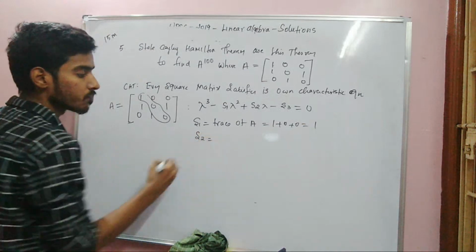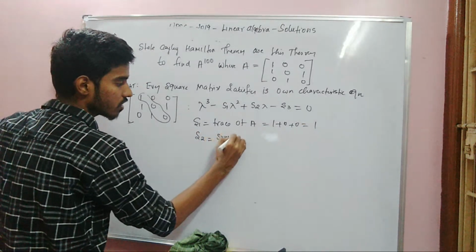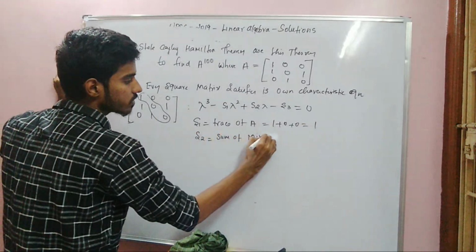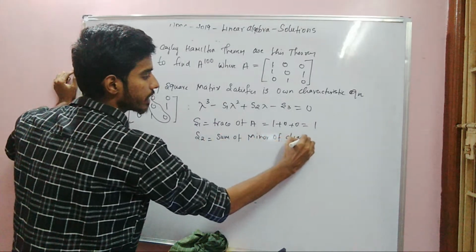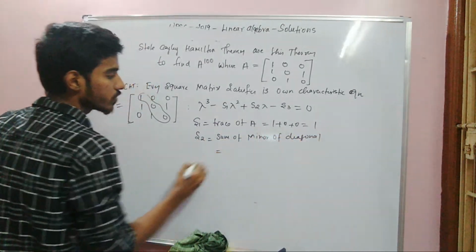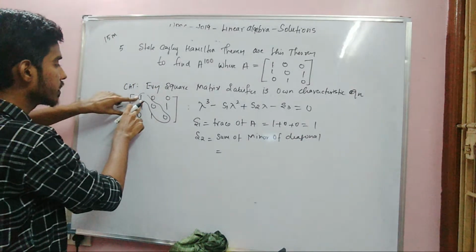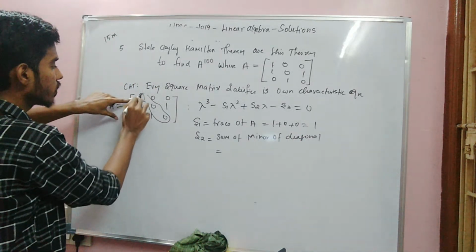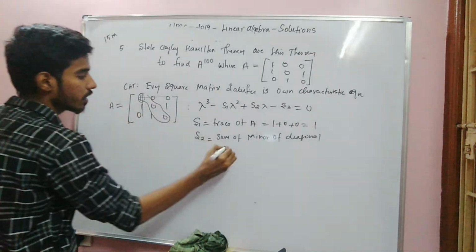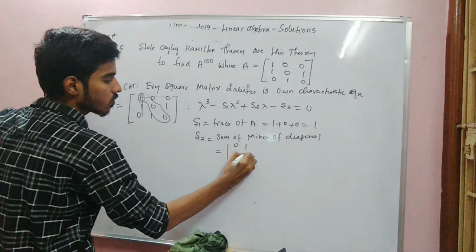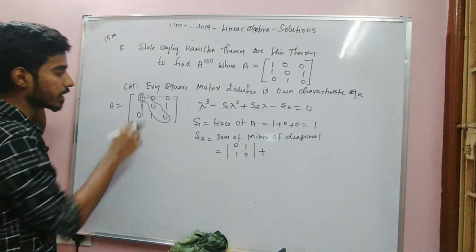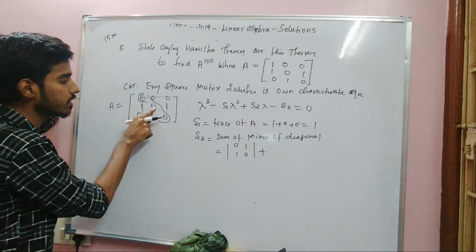What is S2? S2 is the sum of the minors of the diagonal elements. So you need to find the minor for each diagonal element. What is the first diagonal element here? 1. What is the minor for 1? Delete the corresponding row and column, and you will end up with the 2 cross 2 matrix 0 1, 1 0. Plus what is the minor for the second diagonal 0?